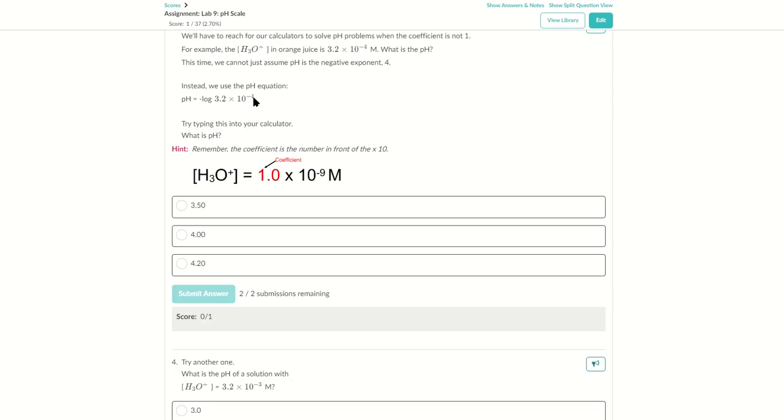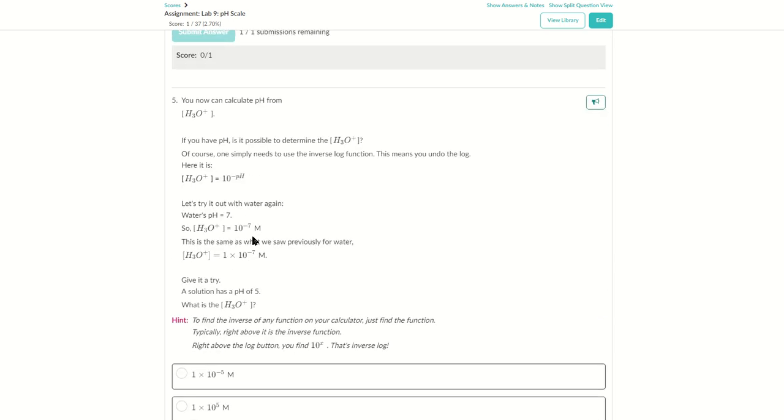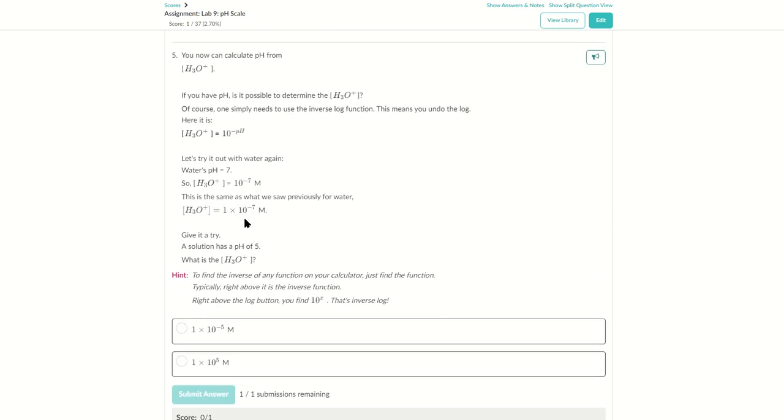So just to clarify, you are getting the pH of this right here, 3.2 times 10 to the negative 4. So you are going to get your calculator. You're going to type in the negative sign, and then log, and then 3.2 times 10 to the negative 4. And then you're going to try some more. So this is really digging into the nitty-gritty of calculating pH, which is really useful.